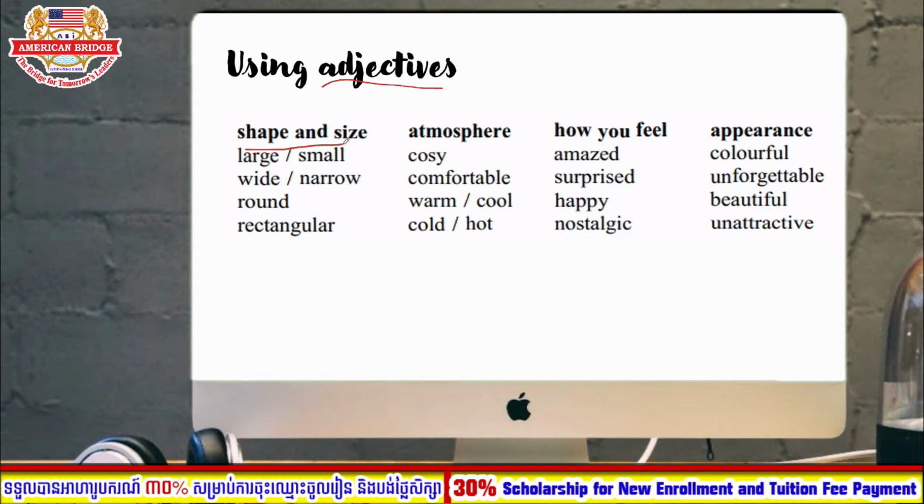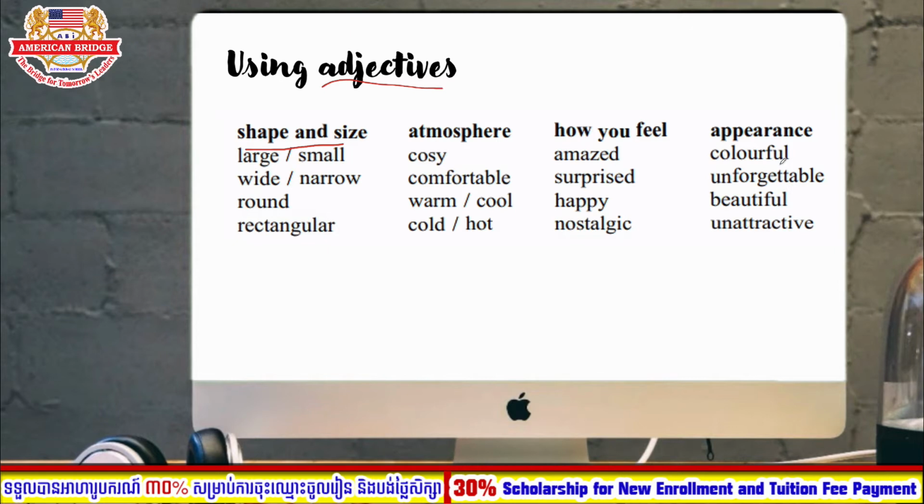For atmosphere, we have cozy, which means warm and comfortable, cold, hot, and so on. You can use these to describe a room or a place. For feelings, it can be amazed, surprised, happy, nostalgic. For appearance, you can use the words colorful, unforgettable, beautiful, unattractive.